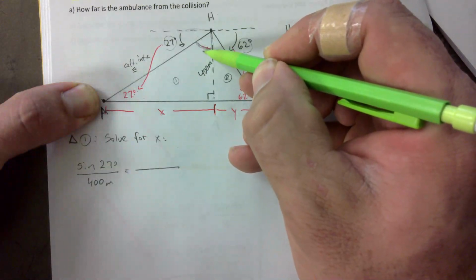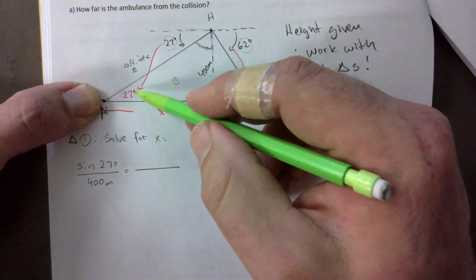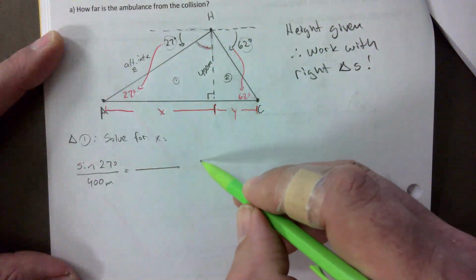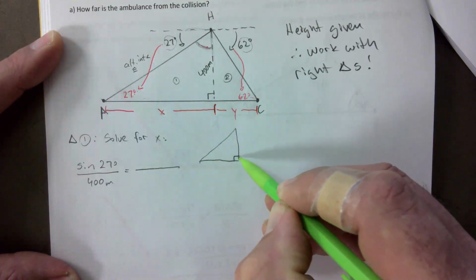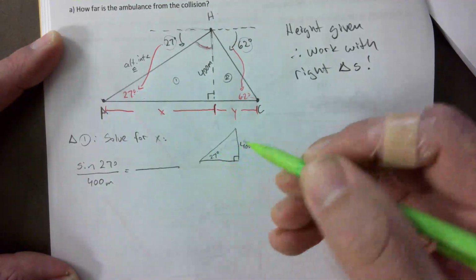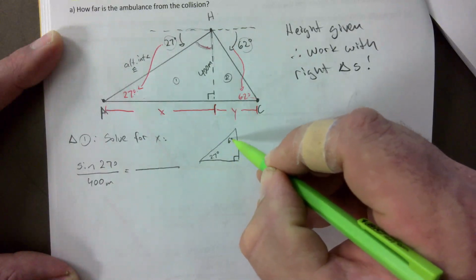So you could find that by just going 180 minus 90 minus 27, and that gives you 63 up here. So maybe it's worth sketching this. This is 400, this is 27, this is 63 up here.